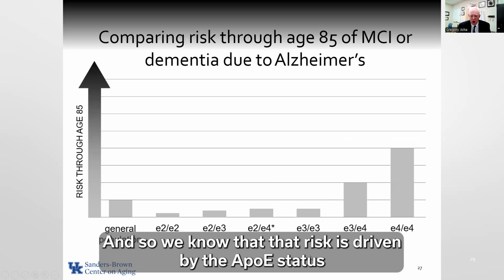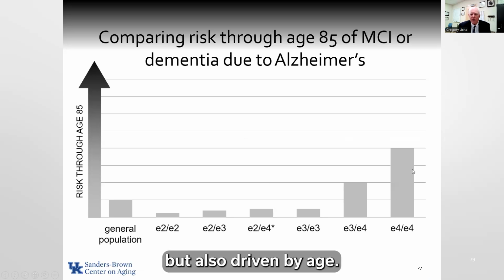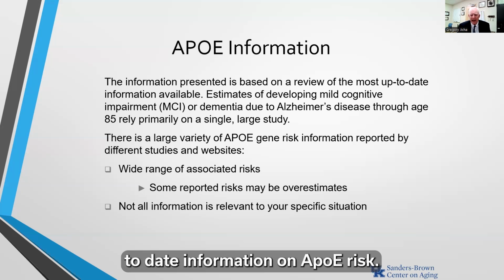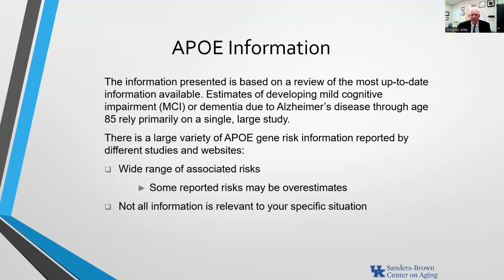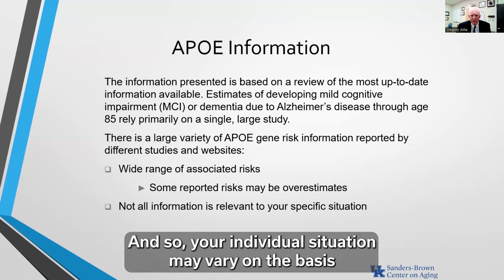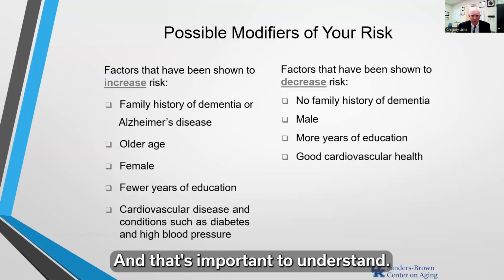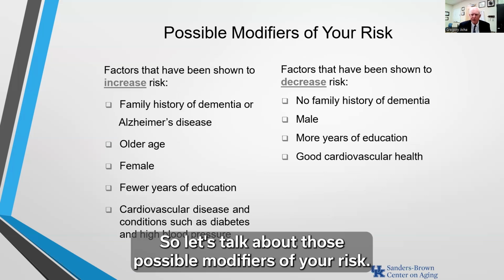And so we know that that risk is driven by the ApoE status, but also driven by age. So what we've presented to you today is a review of up-to-date information on ApoE risk. And so your individual situation may vary on the basis of other genetic or environmental risks, and that's important to understand. So let's talk about those possible modifiers of your risk.